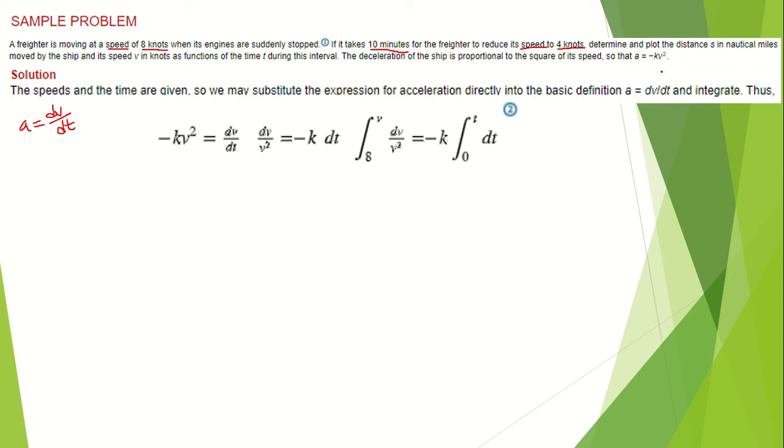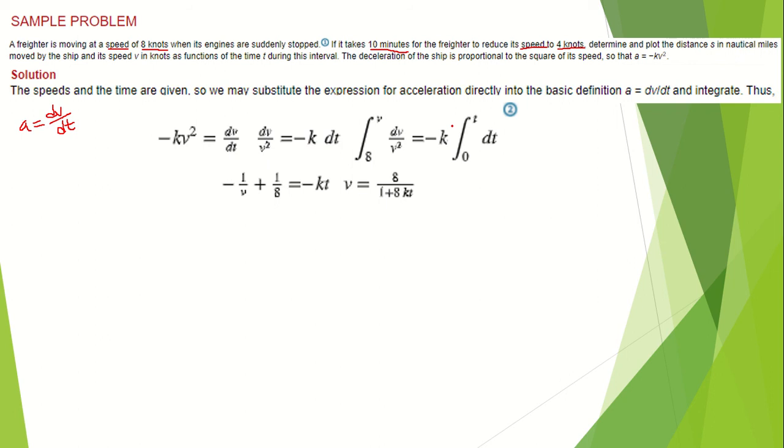Using what's given here, the acceleration is minus k v squared. You substitute it here, then cross multiply, then integrate, and we get this one. For your practice, you just do it yourself. If you don't know how to do it, just let me know and I can show you the solution for this one.